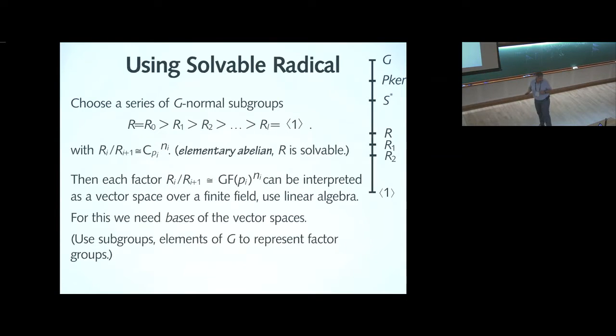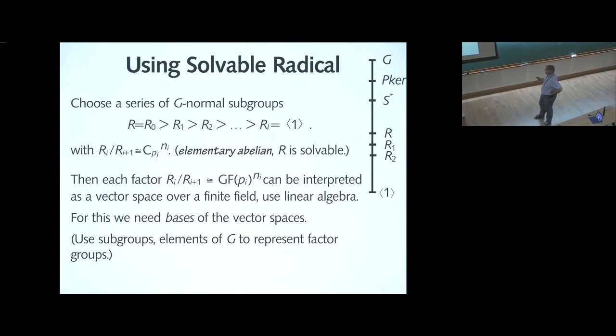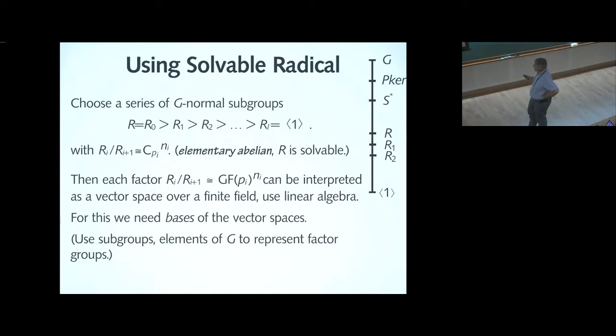Right. The next step is to use the solvable radical. The solvable radical is a solvable group, so I can find a sequence of subgroups, each of them normal in the whole group, such that each subsequent factor is elementary abelian. So, the solvable radical is put together from vector spaces.